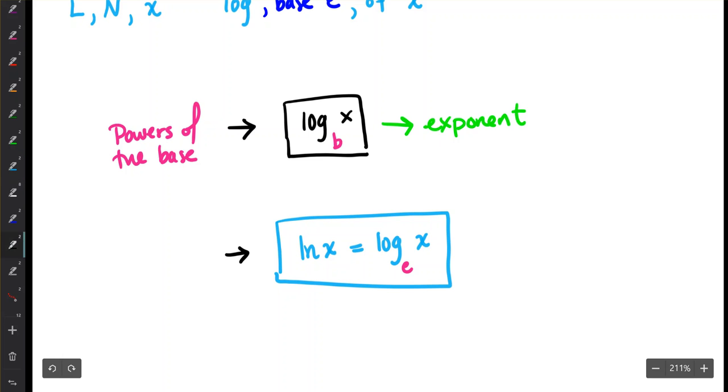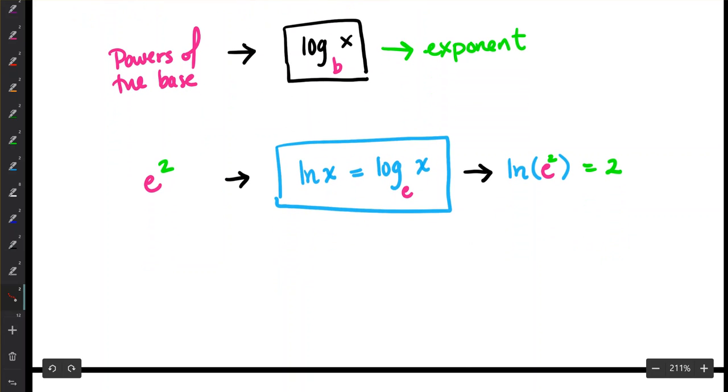What's going in here? How about e to the 1? Or how about we do e squared? e squared goes into the ln x function. It comes out ln of e squared, which is just 2. They take in a power of the base and they spit out the exponent. Right?